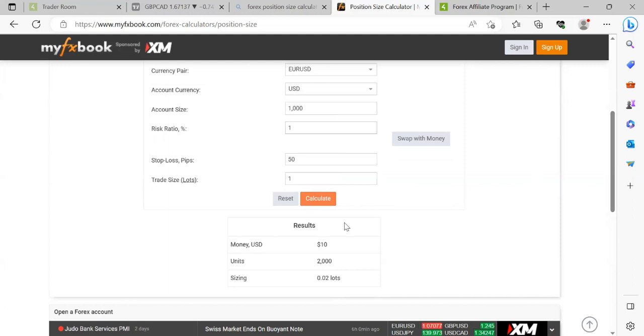It means that if this person has $1,000 in the account and is losing $10 because he is exposing 1% to the trade, which means you want to lose 1%.